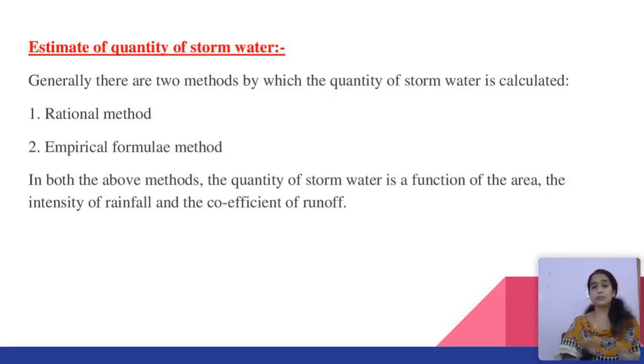And what is the area? Area means the catchment area, the area that we are going to consider for designing the sewage system. And for the intensity of rainfall, there is a certain intensity for a particular area, and this rainfall intensity can be calculated, or the data can be obtained from our weather department.